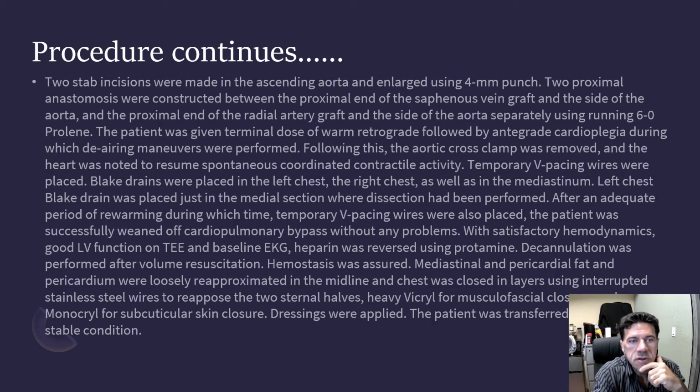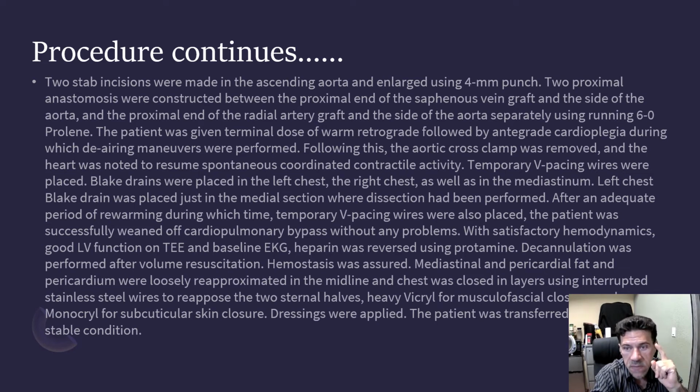Now, two step incisions were made in the ascending aorta and enlarged using the 4 millimeter punch. Okay, two proximal anastomoses were constructed between the proximal end of the saphenous vein graft. This is important. All right, let me highlight it.